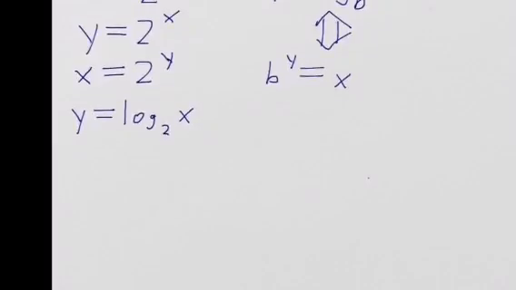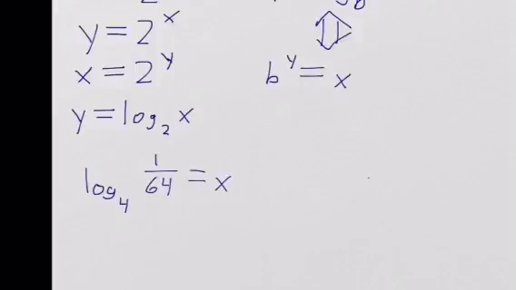So for example, I could give you the problem log base 4 of 1 over 64. That's the same thing as me asking if I go ahead and give that a value x, same thing as me saying 4 to the x equals 1 over 64.